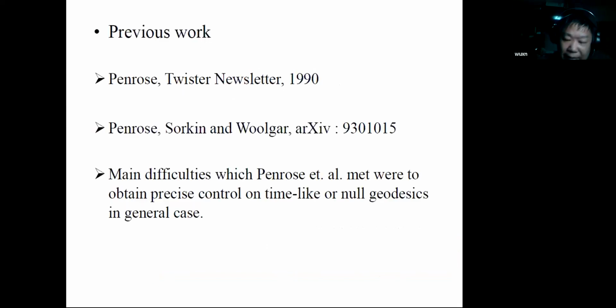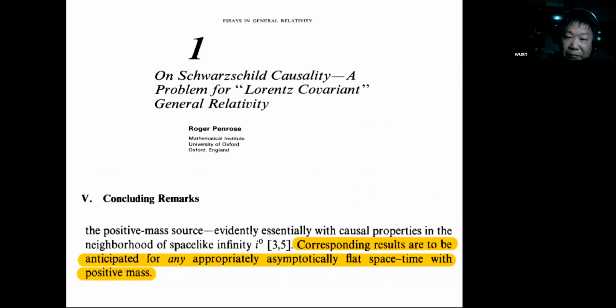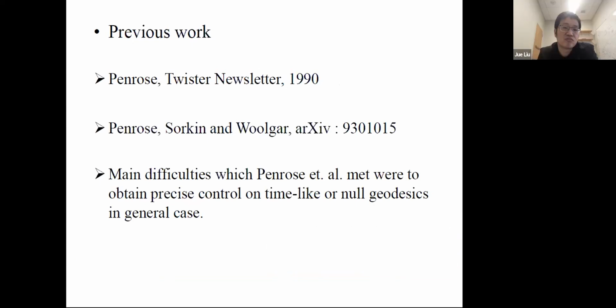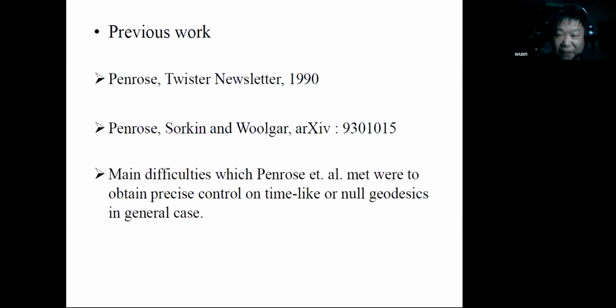I think that this Penrose idea is not known by too many people. Maybe one reason is that during those years in the 1980s, the positive mass theorem had a very nice proof by Professor Yau, so maybe not many people noticed the Penrose idea. But Penrose also made some attempts to realize his idea.